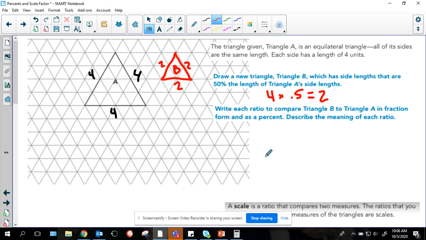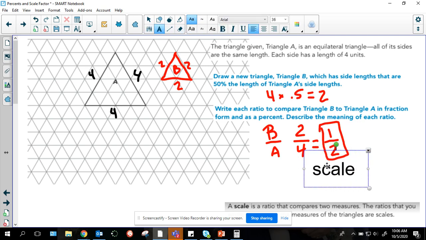And if I wanted to write a ratio comparing triangle B to A, I would say B over A, because it asks to do a fraction. The side length of B is 2. The side length of A is 4. And I can simplify it down and say this is 1/2, because triangle B is 1/2 the size of triangle A. This number right here is what we call our scale factor.